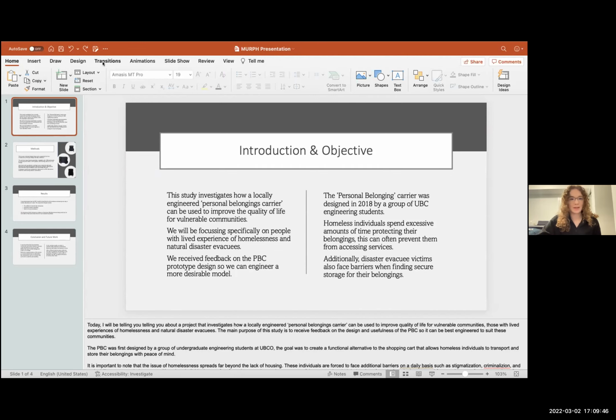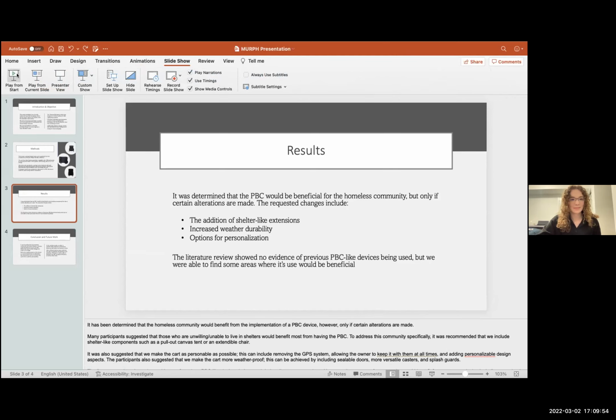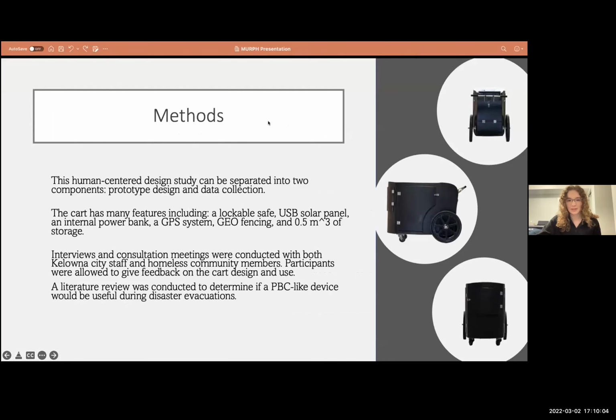One moment, the bar on the top is in the way. There we are. Can everyone see that okay? Yes, great, thank you. My apologies, there's something in the middle of my screen that I'm just trying to get rid of. There we go.